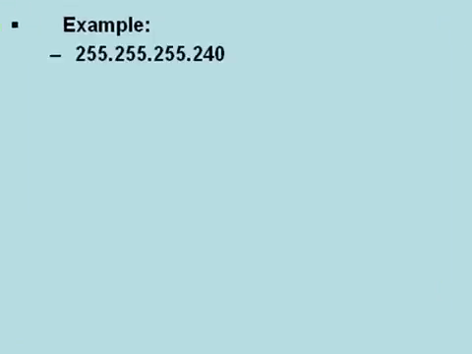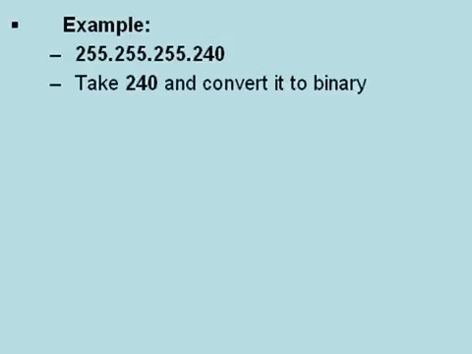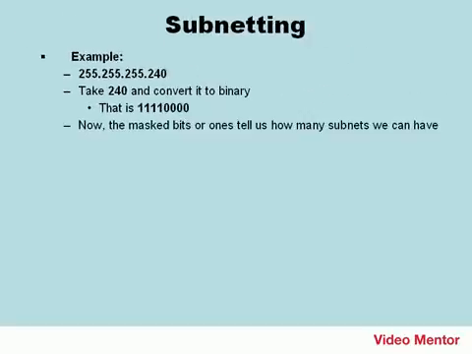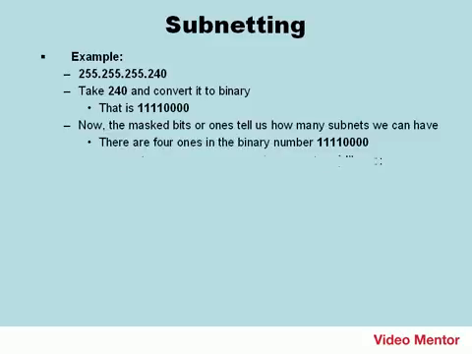Let's show an example of this. Subnet mask 255.255.255.240. What you want to do is take 240 and convert it to binary. That becomes 11110000. Now, the masked bits, or ones, tell us how many subnets we can have. There are 4 ones in the binary number 11110000.